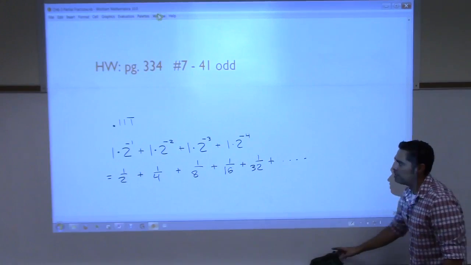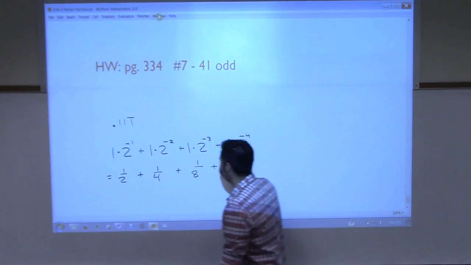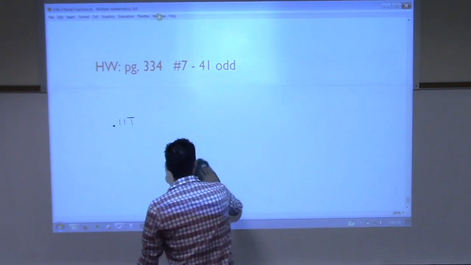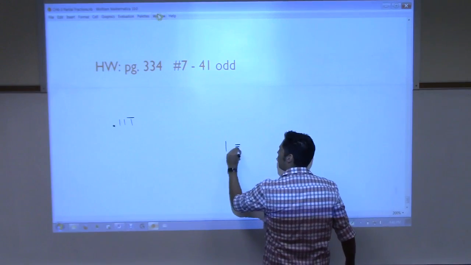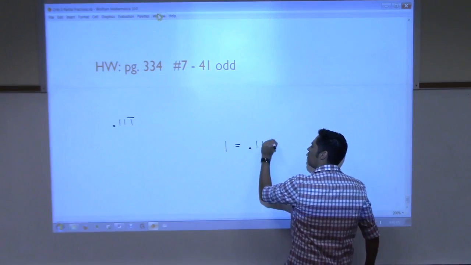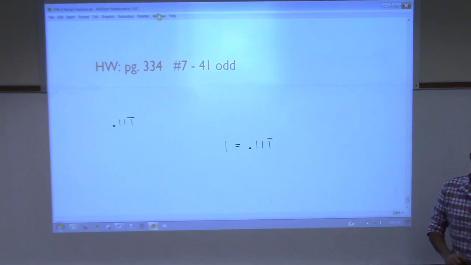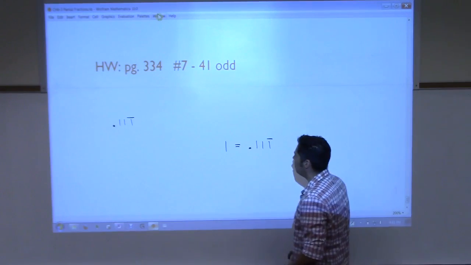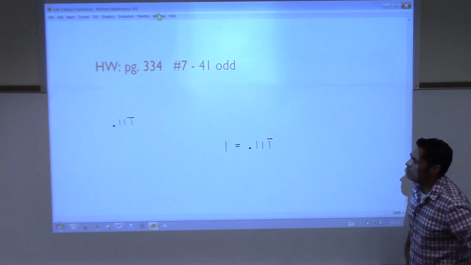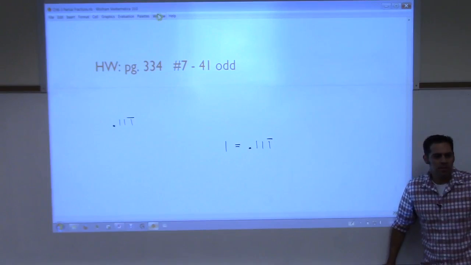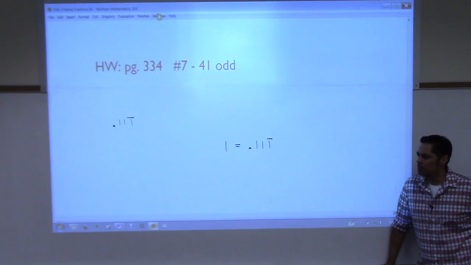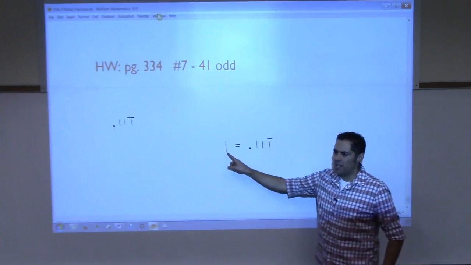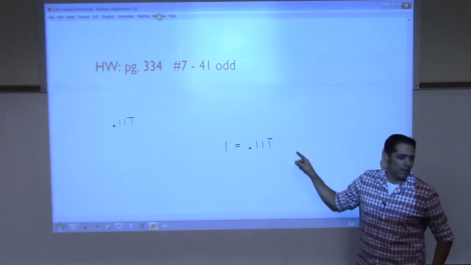The reason I'm showing this to you is if you really want to confuse somebody, you can tell someone that this is true. If you give that to someone and ask, is that true? and they say no, then you can argue that it is true. 1 in base 10 is equivalent to 0.111 forever in binary.